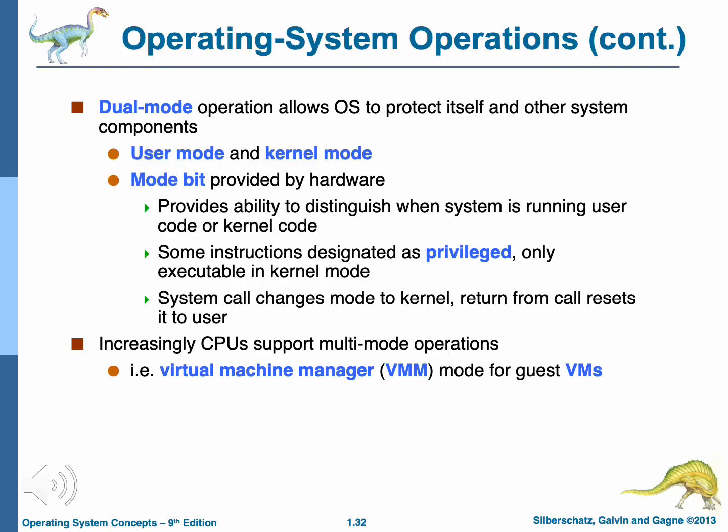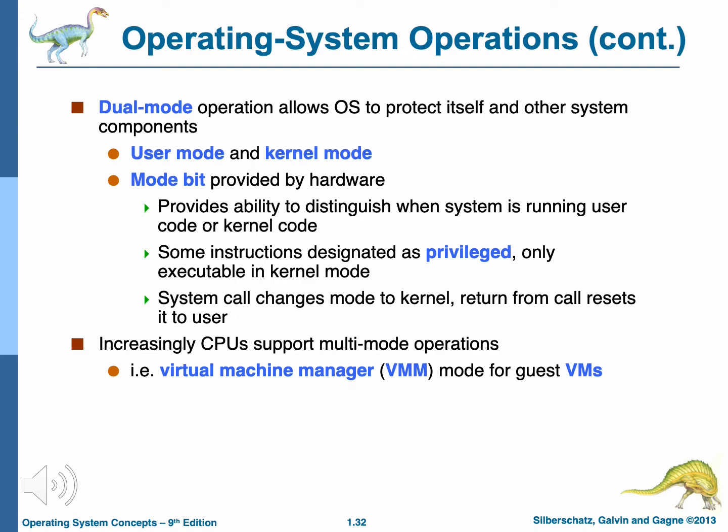The dual mode of operation provides us with the means for protecting the operating system from errant users and errant users from one another. We accomplish this protection by designating some of the machine instructions that may harm as privileged instructions.